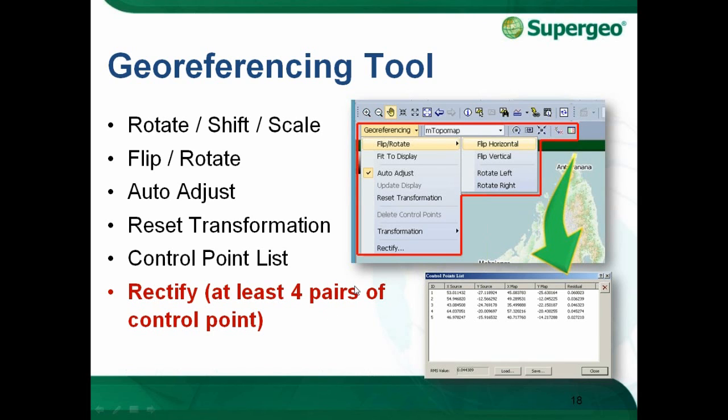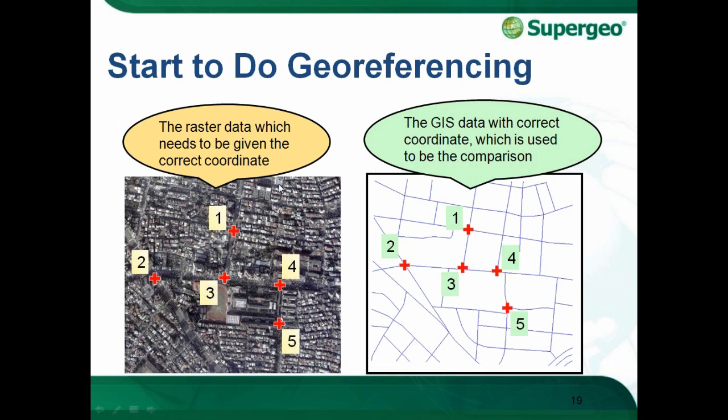So now, the step to start doing the georeferencing is like this one. The left picture shows raster data with the wrong coordinate, and the right picture shows vector data with the correct coordinate.